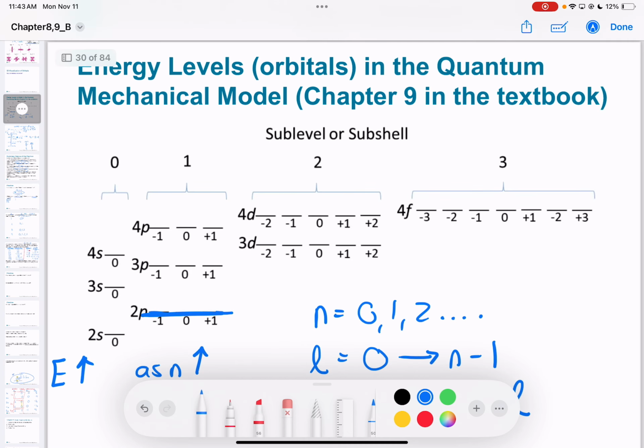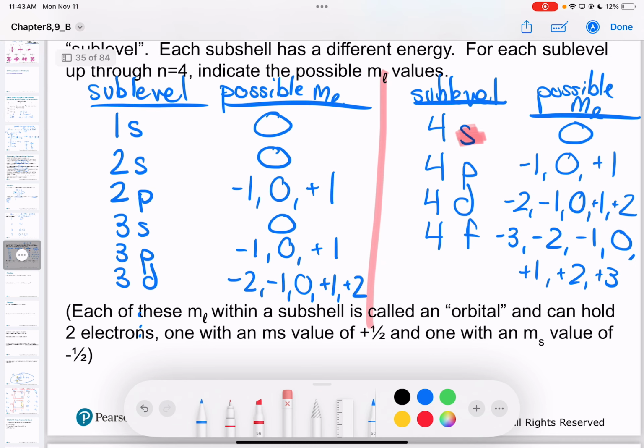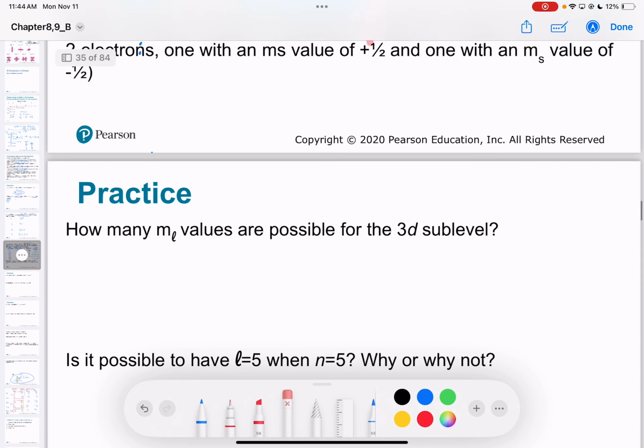This one here. That's what you're ultimately working towards, is getting that chart in your head. And to be honest, the periodic table is going to be very useful in solidifying the order of energy that those orbitals will go in. So that's also part of chapter 9.